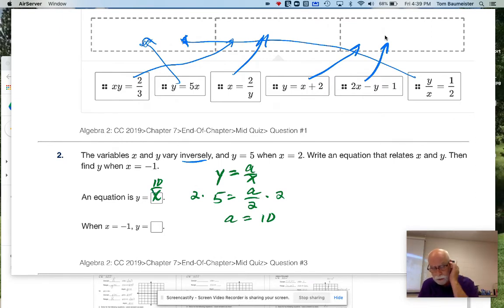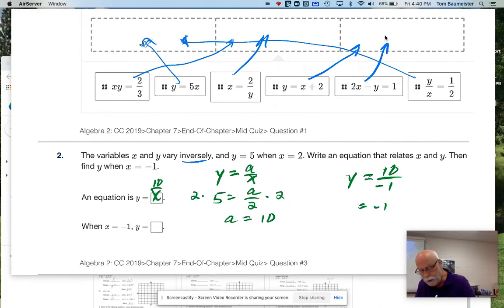And now they want us to do it when x is equal to negative 1. So we're going to say x is equal to negative 1. Well, 10 divided by negative 1. Here, let me put the negative 1, not the negative x there. That's going to be equal to negative 10. So our answer for the second one is negative 10.